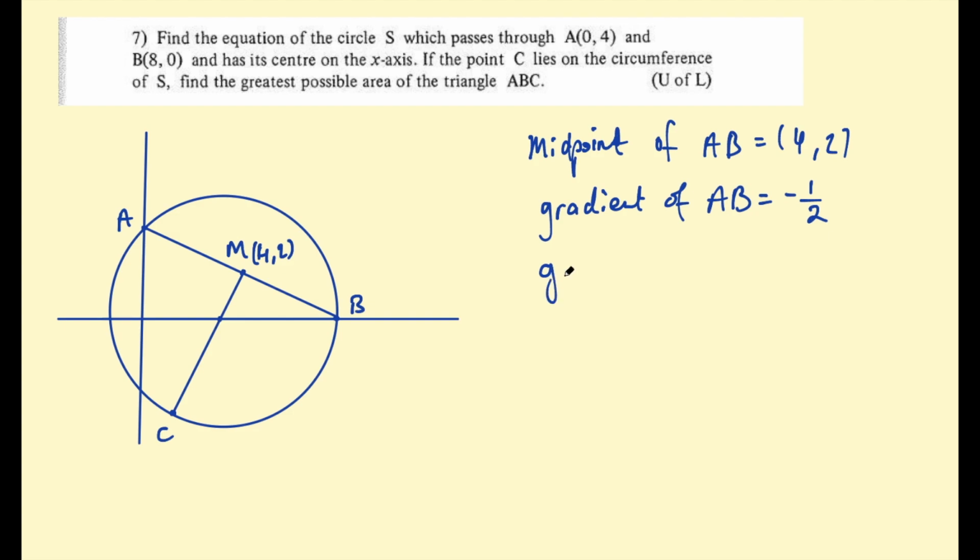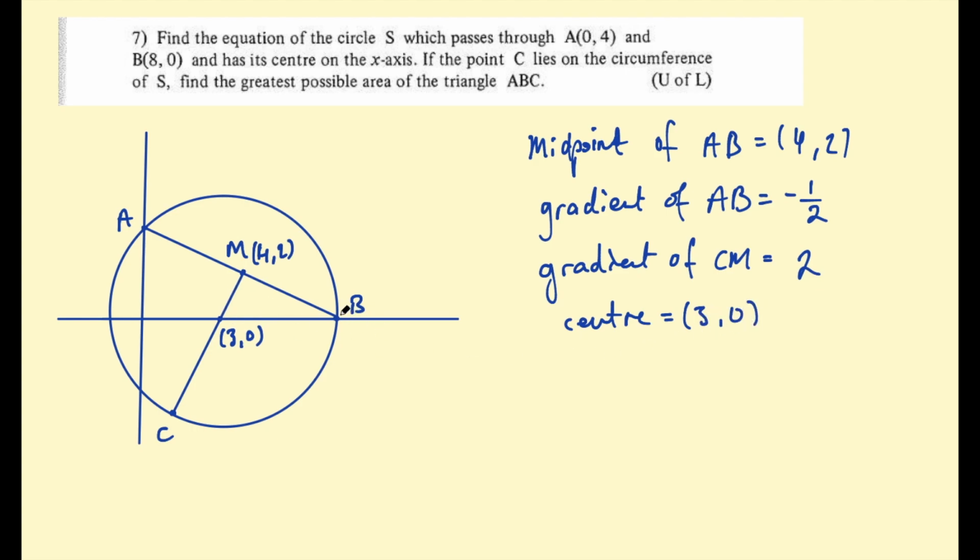And then the gradient of CM, that's the negative reciprocal of that, that would be positive 2. Then the center, if we go from (4, 2), we go down 2 and across 1, we'll get to the center. So down 2 from 2, that would be at 0, and then across 1 from 4, that would be at 3, 0. So we have the center equals (3, 0).